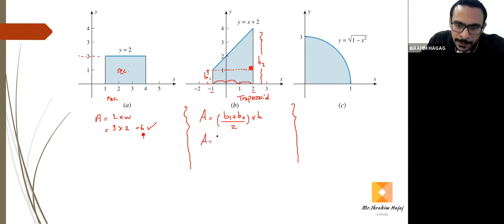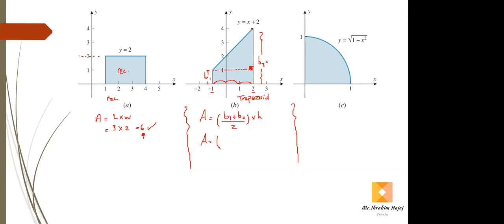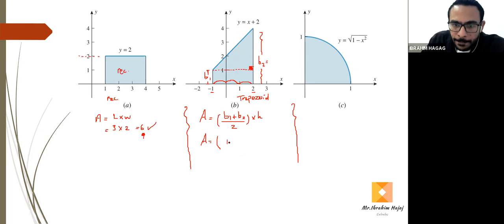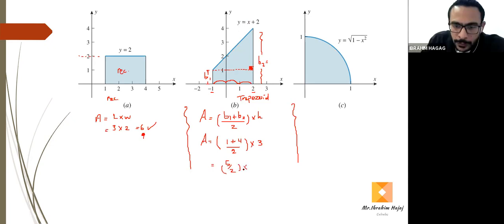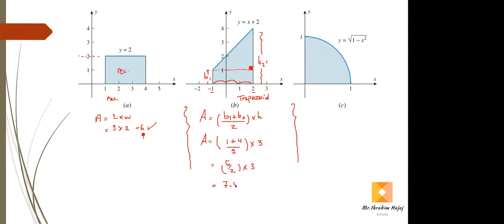The area equals base 2, which is f of 2, which is 4, and base 1 is 1. So 1 plus 4 is 5, over 2, multiplied by 3, which is 15 over 2, 7.5. That's geometrically.